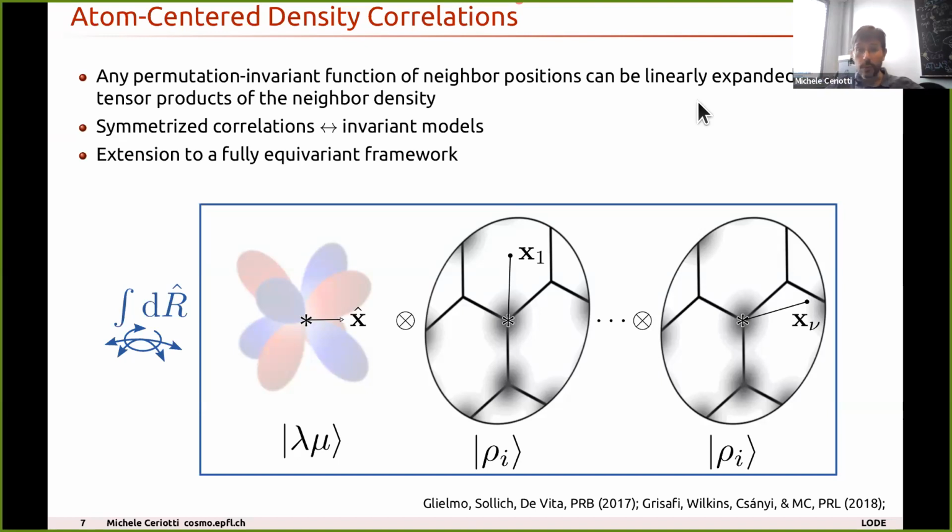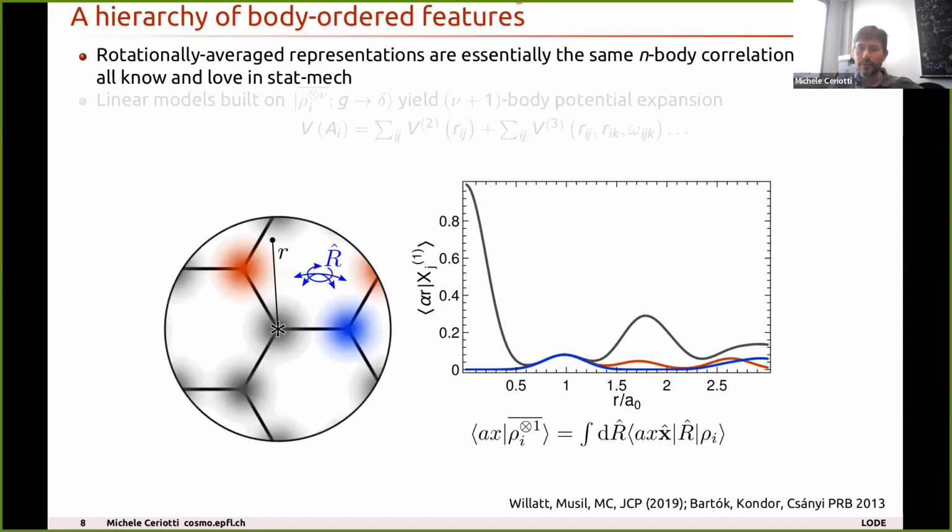Depending on how many densities you include in the descriptor, you end up with different body-ordered approximations of your target. For example, if you include just one density and you symmetrize the density over rotations, you end up with something which is essentially the pair correlation function, so the histogram of pair distances.